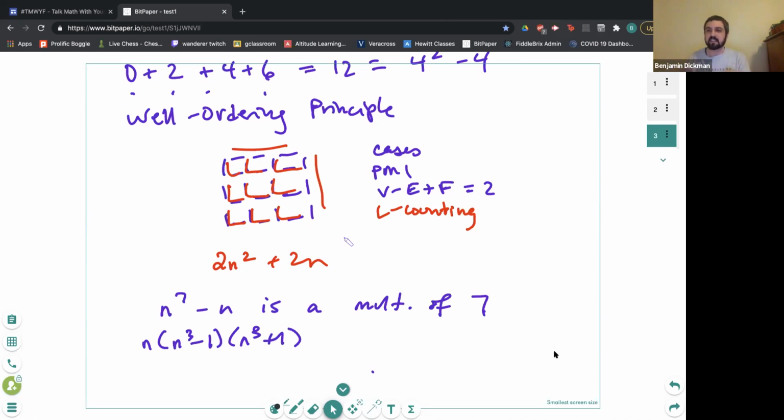And then you end up with this nice situation where you don't have that much to check. Because if you do that, you'll have n here. This will be n minus 1 times some other stuff, and this will be n plus 1 times some other stuff. And so here, a number that's 0 mod 7, a number that's 1 mod 7, and a number that's 6 mod 7. Those 3 are taken care of, and these will each knock off 2 more.